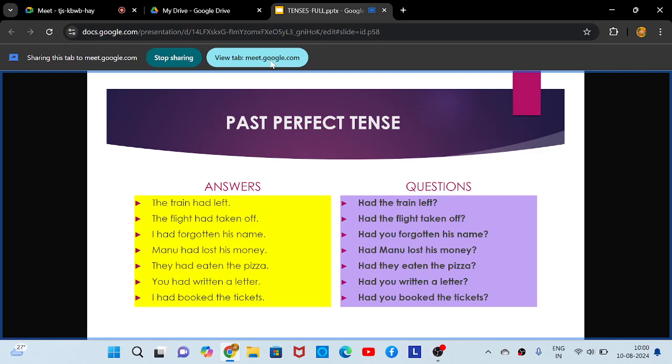That is BET. But it is BEAT, BEAT, BEATEN. Beaten only will come in the V3. Thank you. BEAT, BEATEN. That is the correct one.